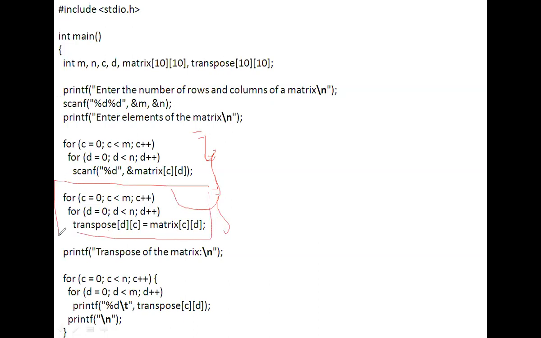So we have to analyze the algorithm for this transpose.